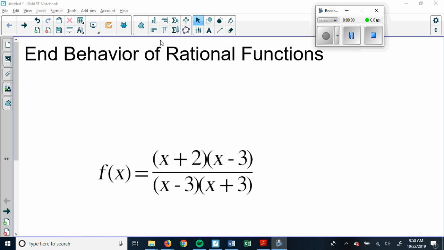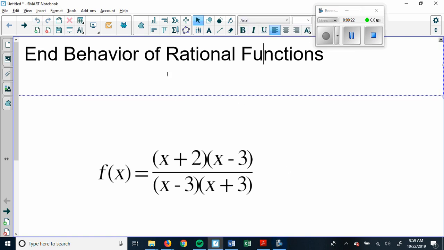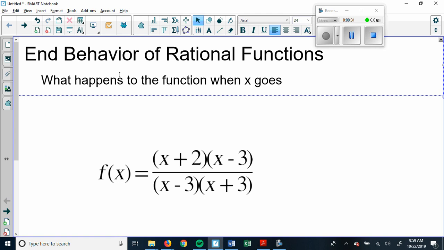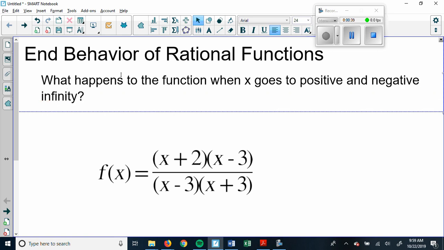We're going to talk today about end behavior of rational functions. This is a follow-up to the previous video, so we're going to use the same function that we used. When we talk about end behavior, what we're talking about is what happens to the function when x goes to positive and negative infinity.